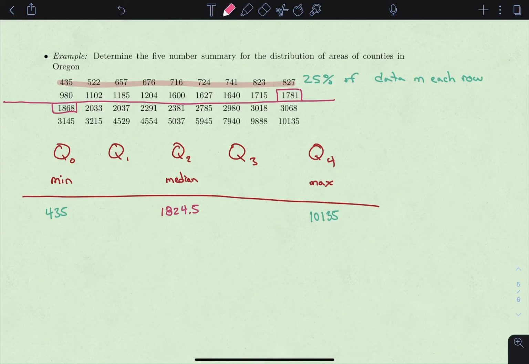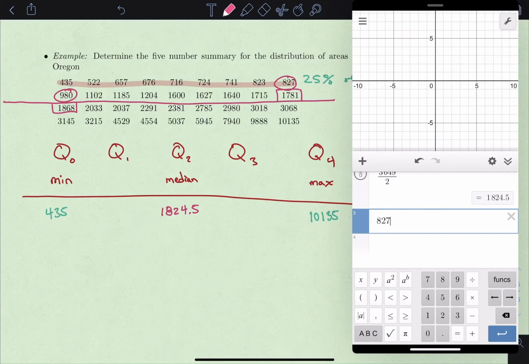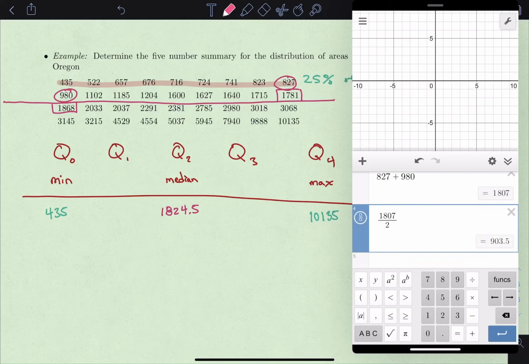To get Q1 and Q3, we want to further divide the list. Let's do Q1 first. We want a number where 25% of these numbers are below and 75% are above. So we want a number that's larger than 827 but less than 980. And the way we get that is again through an average. 1807 divided by 2 is 903.5.